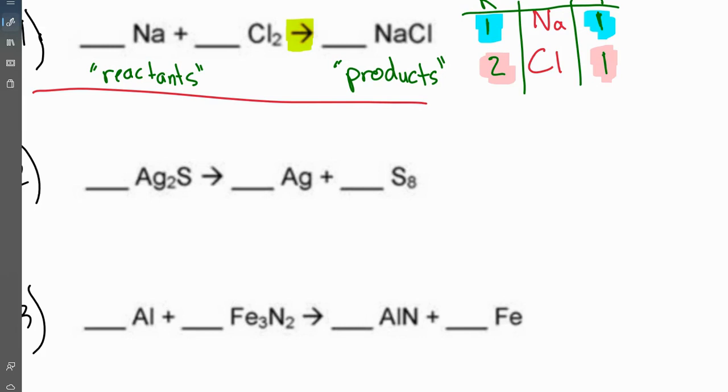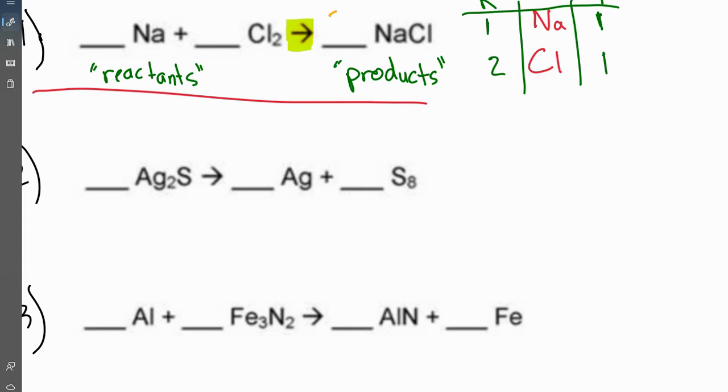So what we'll do is we'll come to where we see products, and this little blank that I've left for you in front of NaCl is for us to put a number, or in math you would call it a coefficient. We can't have just one, we have to have two.